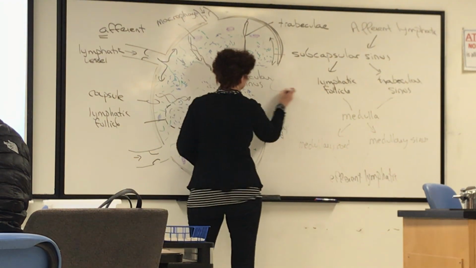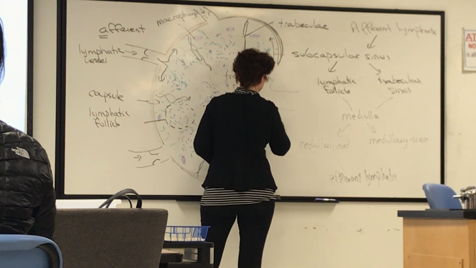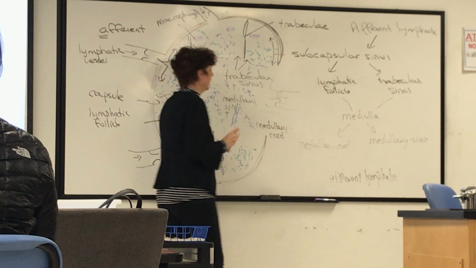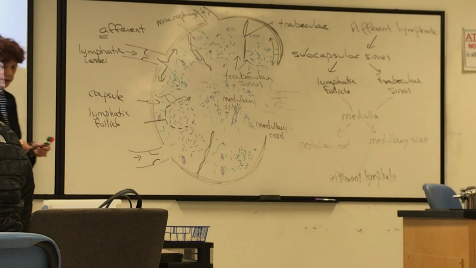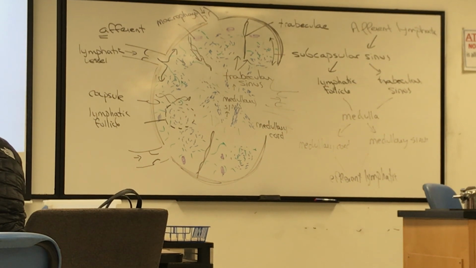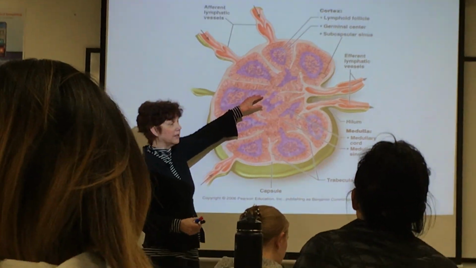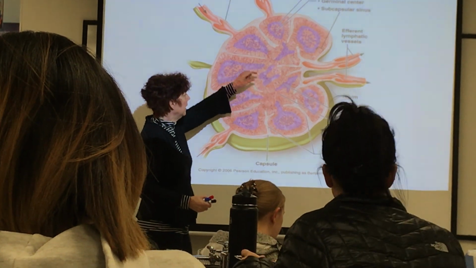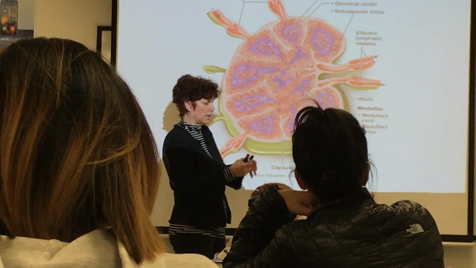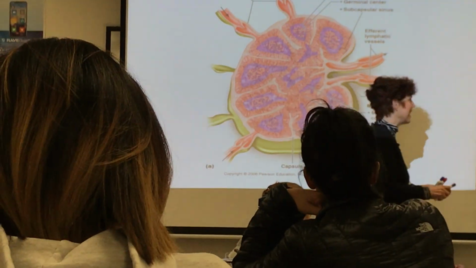Which would be here. And again, you can tell by the valve that it's going to allow flow to occur. Okay? So, in the afferent, along the subcapsular, down the trabecular, or through the actual lymphatic follicle, into the medulla, again through the medullary sinuses, or through the actual medullary cords, which are T cells.